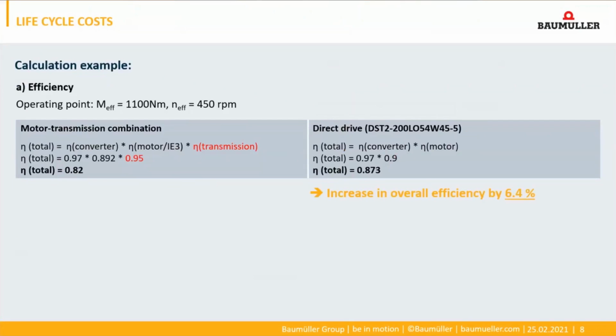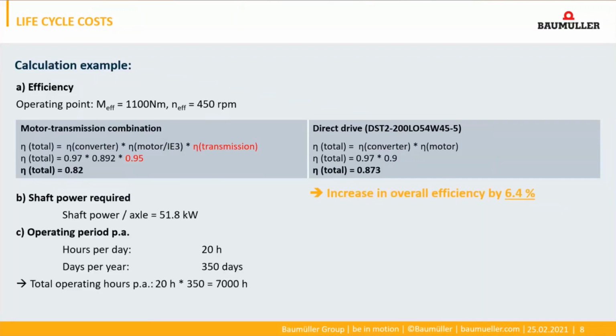And this example is only for the full load range. At part load, the efficiency of the torque motors increases again significantly. For our example, we have a shaft power requirement of 51.8 kilowatts, and the operating hours per year are 7,000.